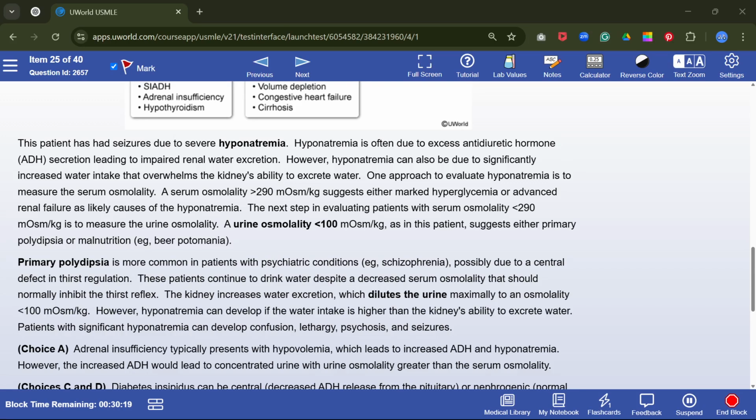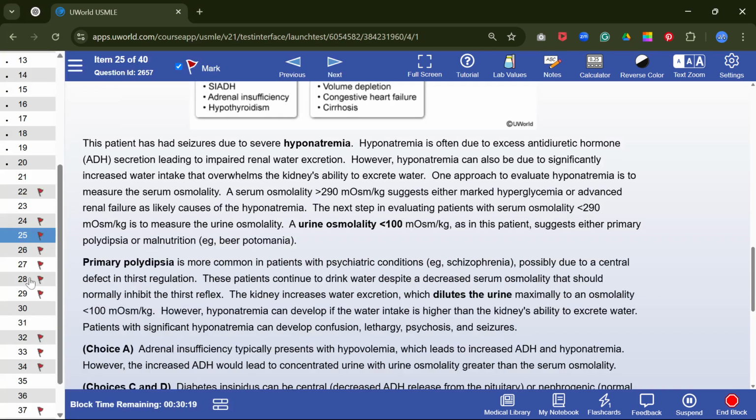Primary polydipsia is most common in psychiatric conditions like schizophrenia, possibly due to a central defect of thirst regulation. These patients continue to drink despite decreased serum osmolarity that normally inhibits the thirst reflex. The kidney increases water excretion, which dilutes the urine, making the urine osmolarity less than 100 milliosmol per kg.